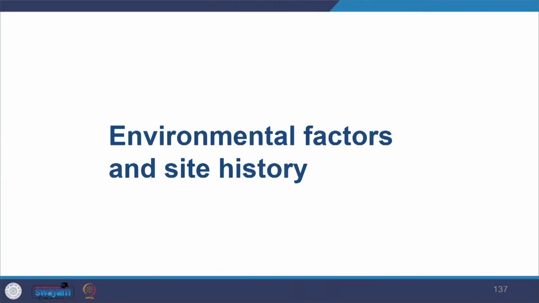Further, you also need to look at the environmental factors and site history. So a lot of things can come from the site history as well, what has really happened, because when you survey, a lot of things you might not find at that particular time because it might have already undergone deterioration. So you need to look at the history as well.